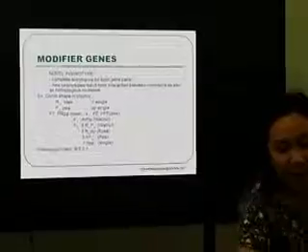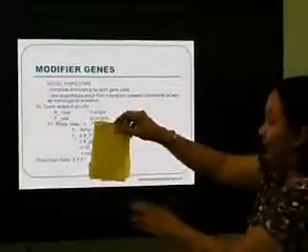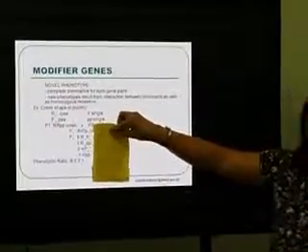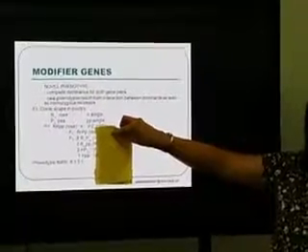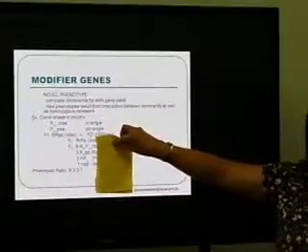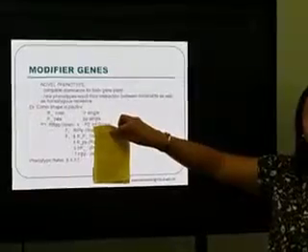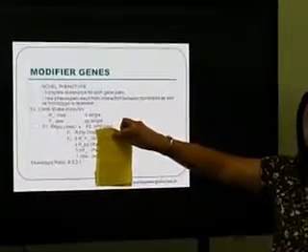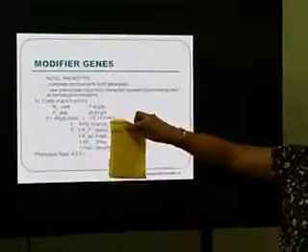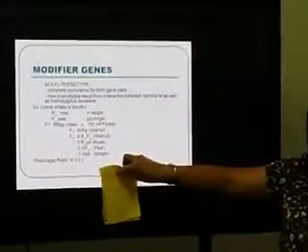Okay? So this one is already expected. You have a 9:3:3:1 ratio. Okay? But based on the cross, you are the one who will determine the phenotype of the following progenies. Did you get that?